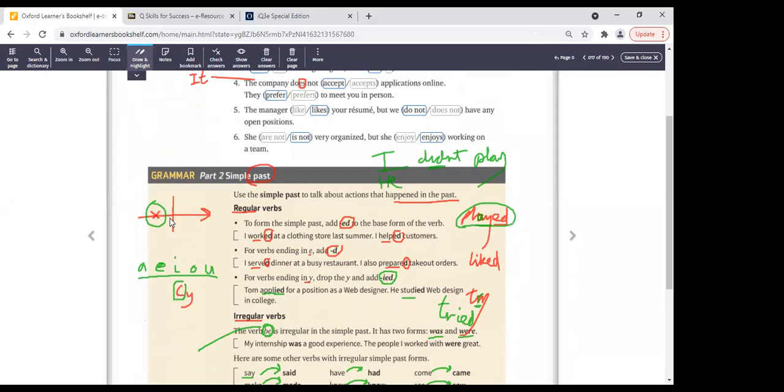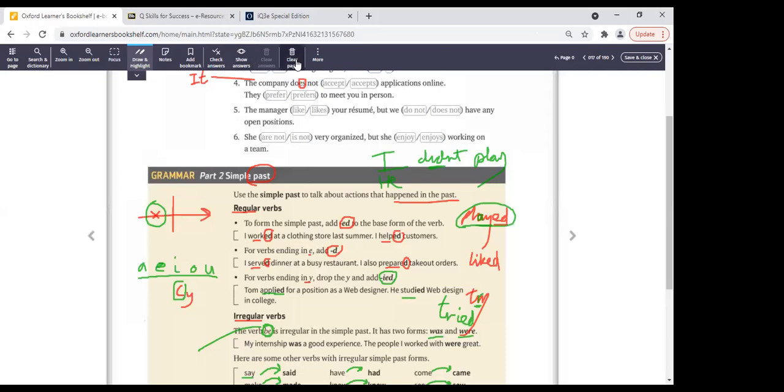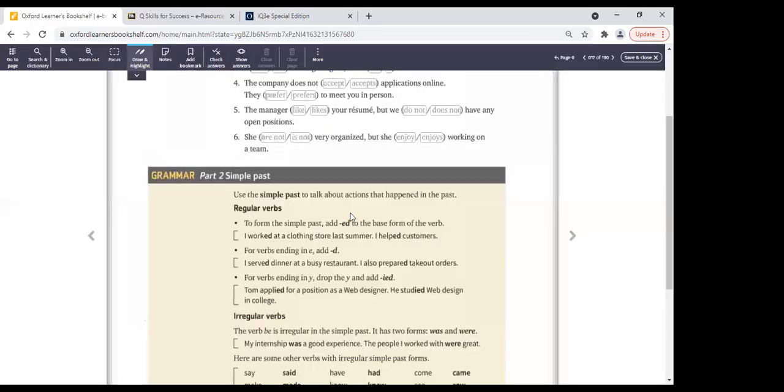Okay, can someone explain what they remember from simple past? Abdulaziz, Ajlan? In the verb, we use ed. Okay, so for the verb, we use ed, good, that's one thing.